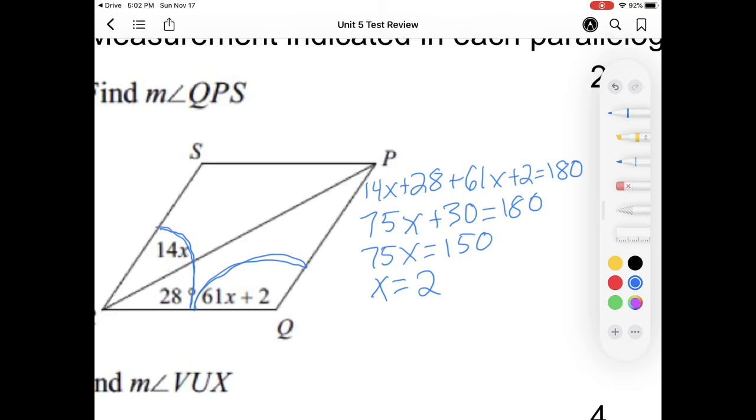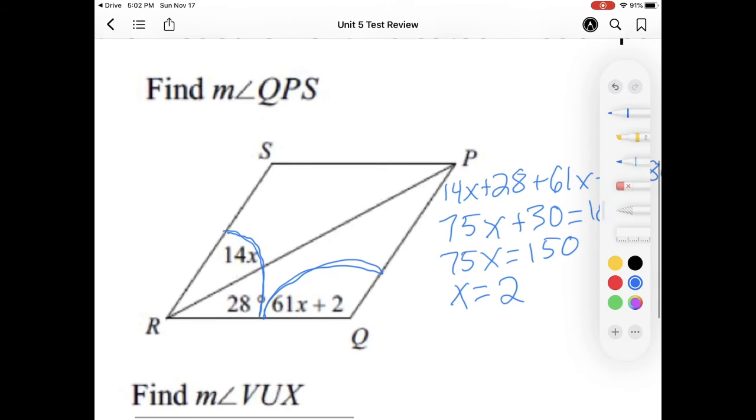So if x equals 2, can we figure out what QPS is? QPS is this angle up here. Well, we can find this angle. The reason why we can find this angle is because it is congruent to the angle across from it, or opposite from it, which is 14x plus 28 degrees.